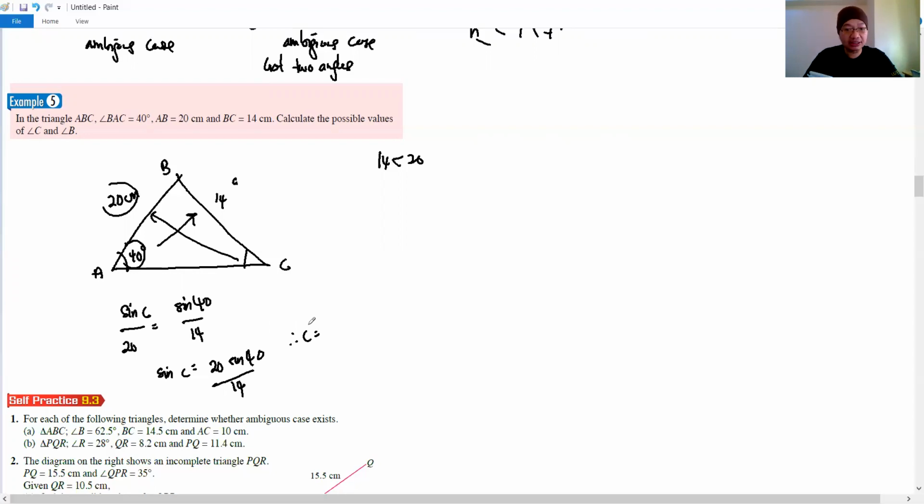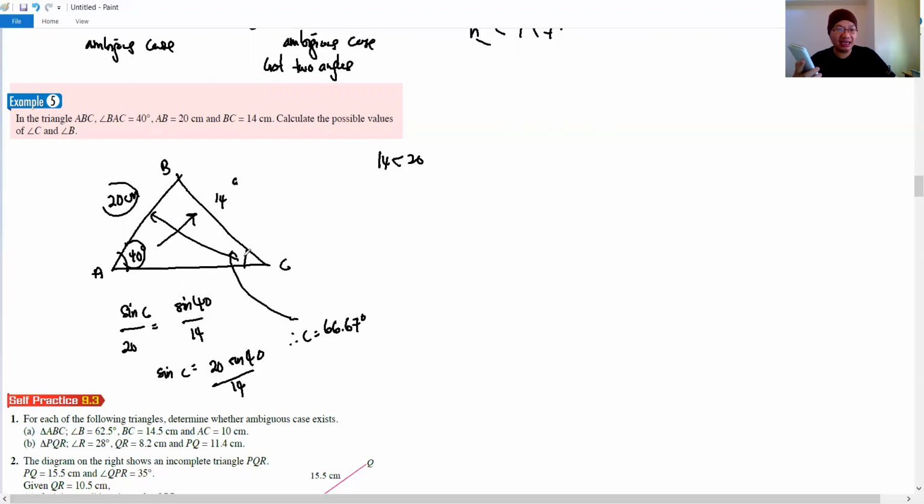So 20 sine 40 divided by 14, then you are supposed to get 0 point something. But we are not talking about sine C, we are talking about angle of C. So shift sine answer. Therefore, you are supposed to get 66 point something. Round off to two decimal places. So your C should be 66.67 degrees. This is the angle for C here.